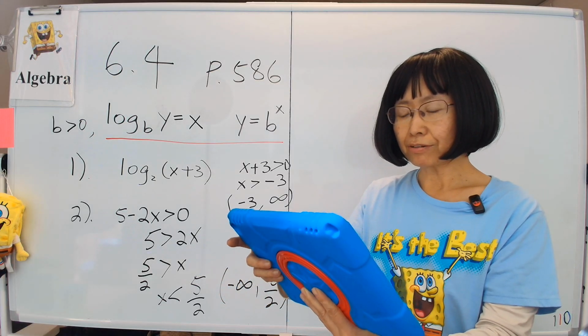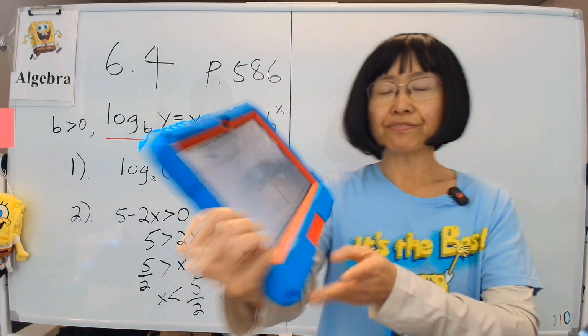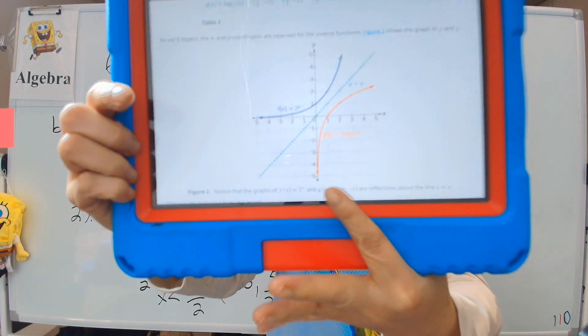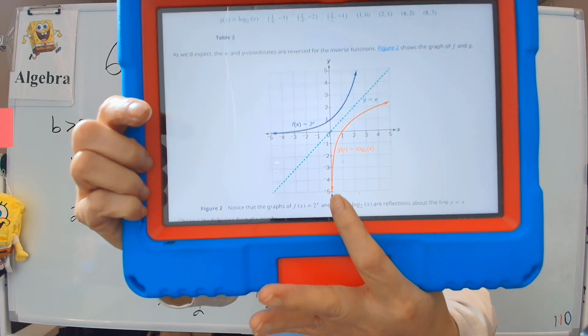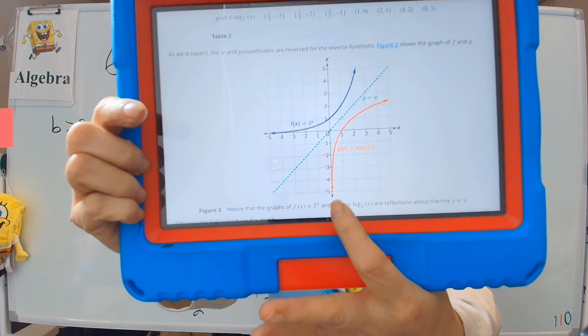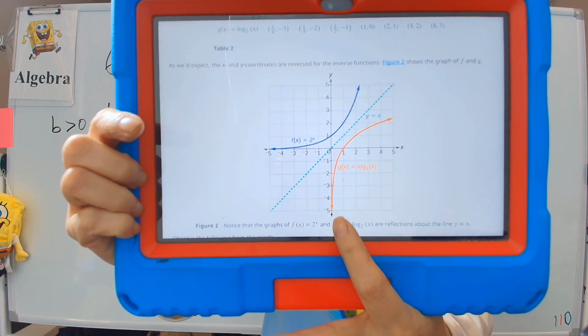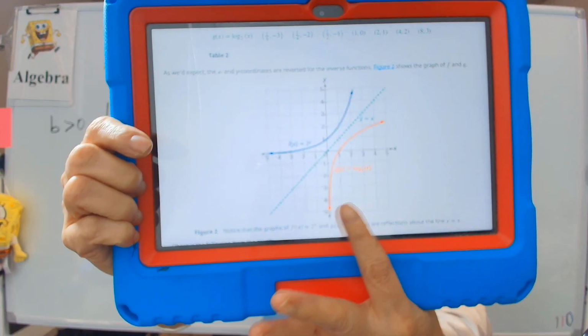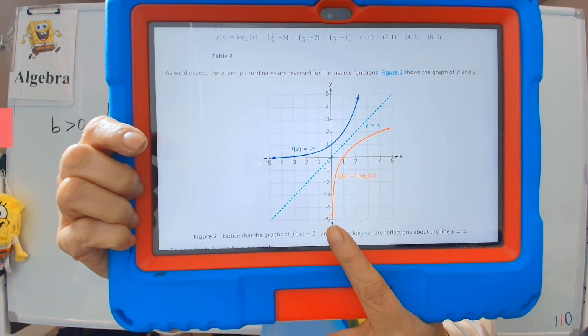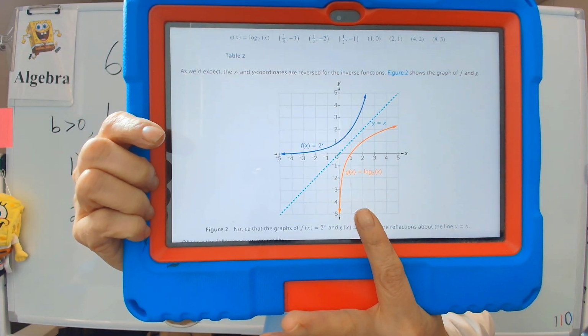And notice that as x goes to 0, the logarithmic function will become very negative. As a result, the x equals 0 line, in other words the y-axis, is the vertical asymptote for any logarithmic function.